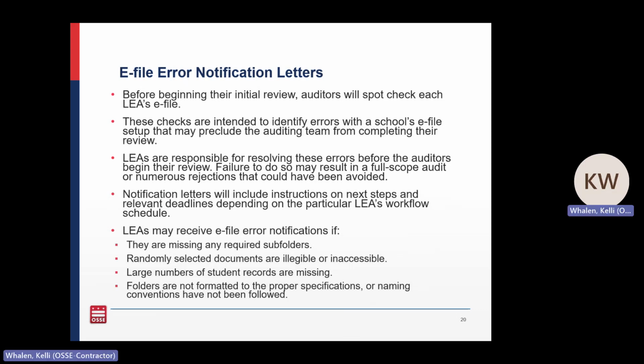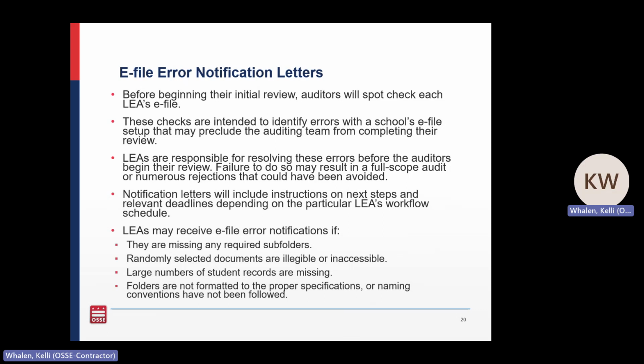If they notice an error like this in your file, you'll receive a letter in email that will explain what the error was and the steps you should take to resolve it. Failure to take those steps or resolve the issue may result in a full scope audit or a number of rejections that otherwise could have been avoided. The letters will include instructions on the next steps and relevant deadlines depending on your workflow schedule.